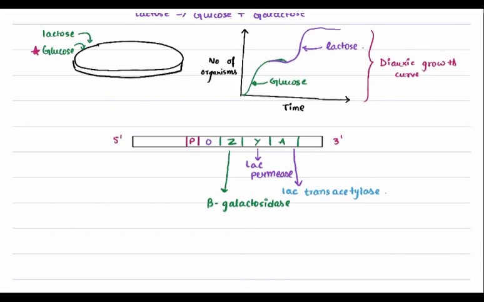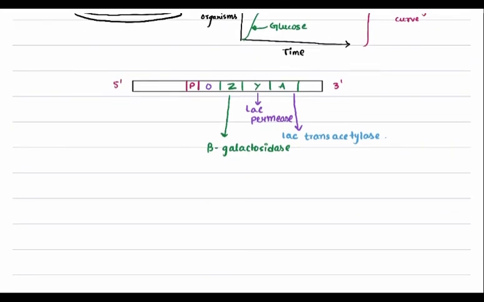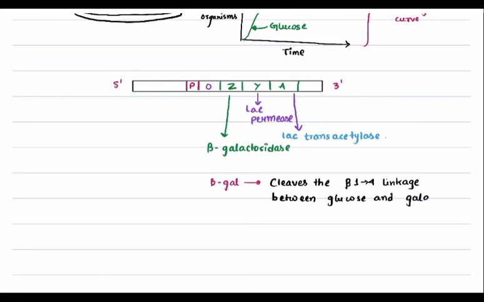Now, let's talk a little bit about the function of beta-galactosidase, which I'm writing as beta-gal. Beta-galactosidase cleaves the beta-1,4 glycosidic linkage between glucose and galactose present in lactose.